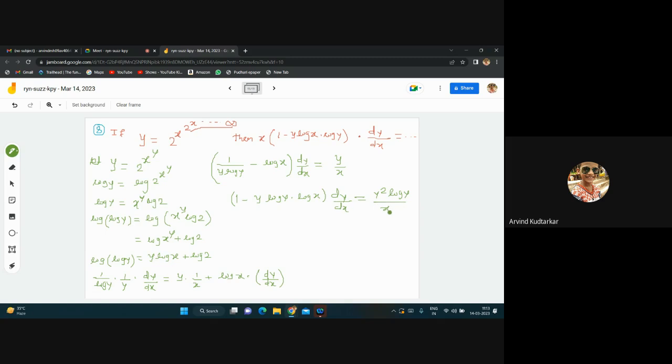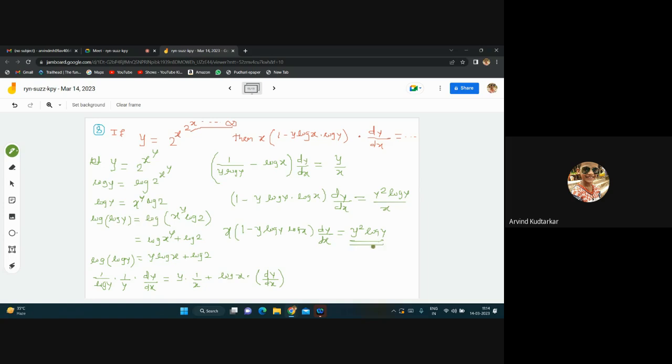You have to shift x to LHS, so there will be x times 1 minus y log y into log of x into dy by dx that is equals to y square into log y.